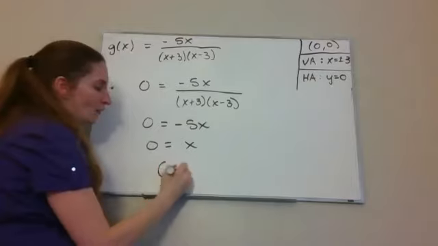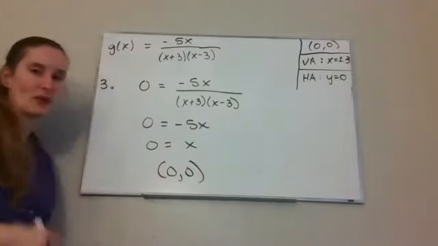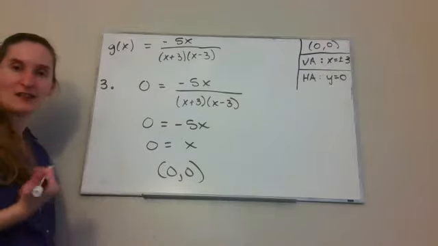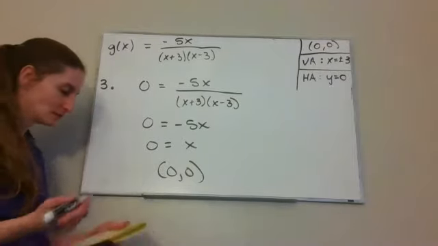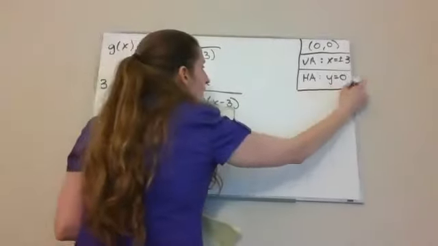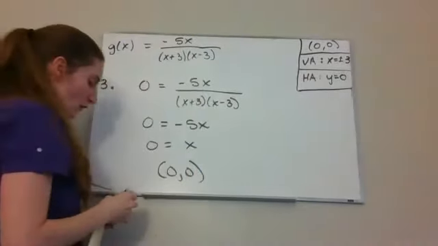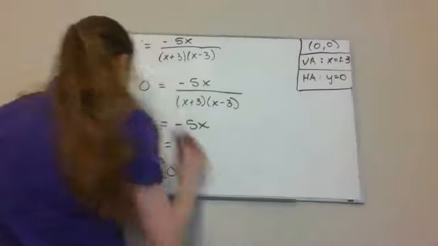So I cross my horizontal asymptote at the point 0, 0. We already have that point in our list, so I don't need to write it down again.